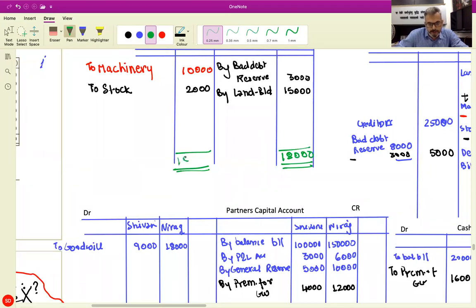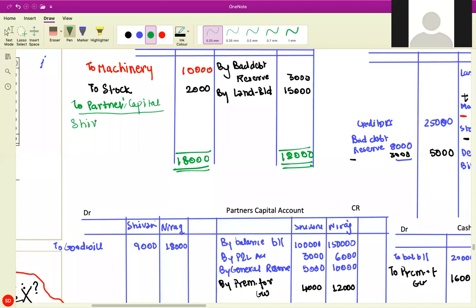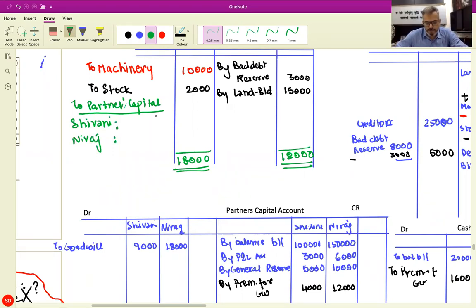We write the same on the debit side to partners' capital, Shivani and Neeraj. Now, what's the ratio? 1 is to 2 is the old ratio.